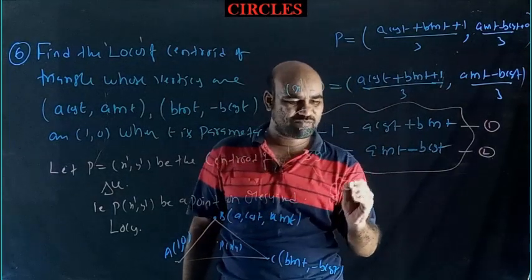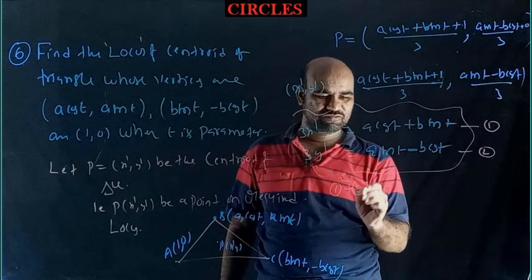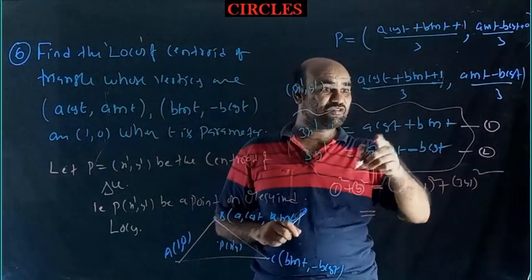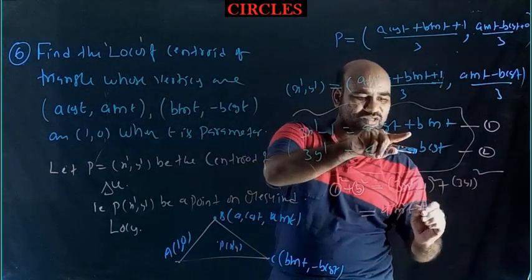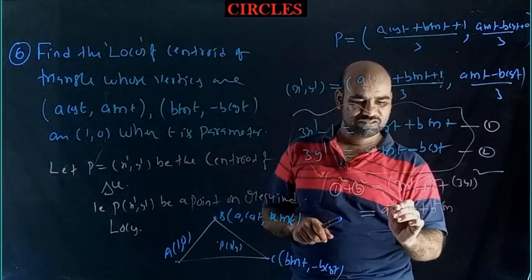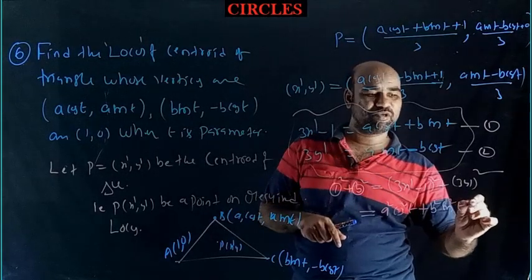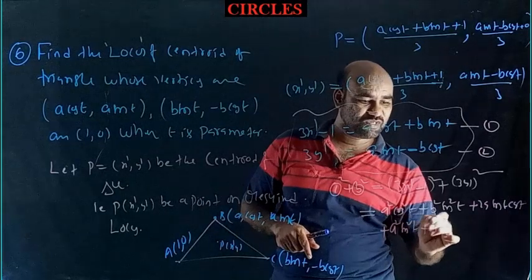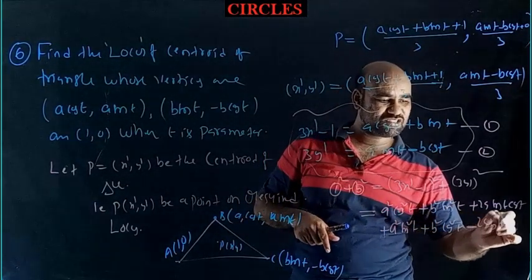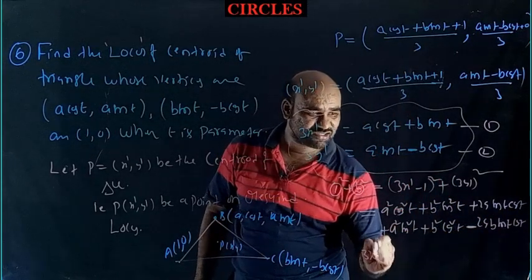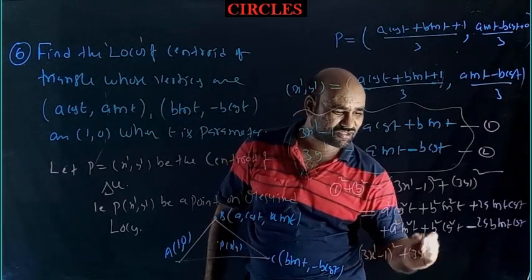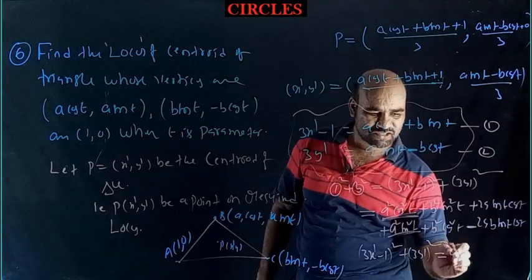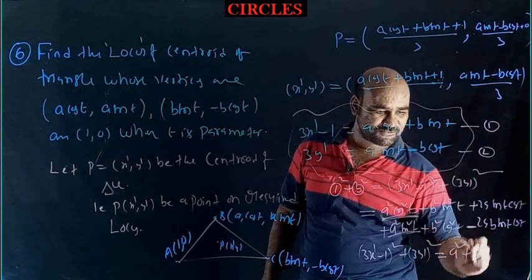Squaring and adding, we get a² + b². That is equal to (3x' - 1)² + (3y')², which is the square of this: a² cos² t + b² sin² t + 2ab sin t cos t, plus a² sin² t + b² cos² t - 2ab sin t cos t. So (3x' - 1)² + (3y')² equals, see here, a² cos² t + a² sin² t; taking a² common, sin² t + cos² t is 1, so a². And b² sin² t + b² cos² t gives b², and these two cross terms get cancelled.